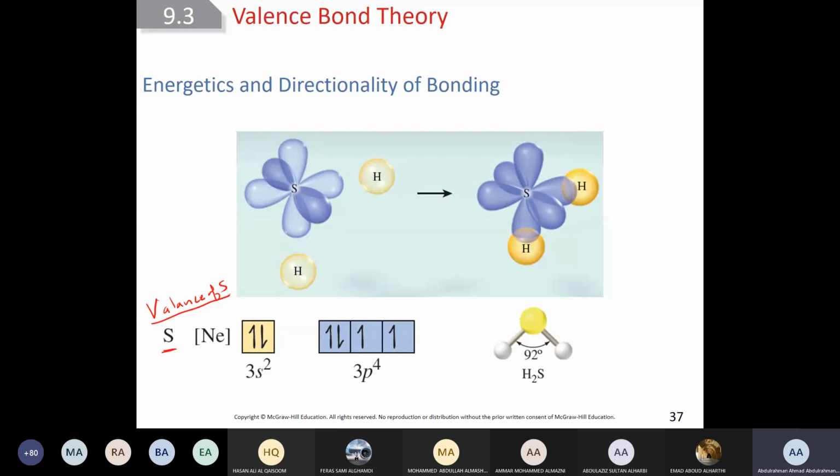When the hydrogen comes here, this room will be occupied with the electron. The red electrons are from where now? From the hydrogen, and we'll have the interaction like this. So what should we expect the angle between hydrogen, sulfur, and hydrogen to be?